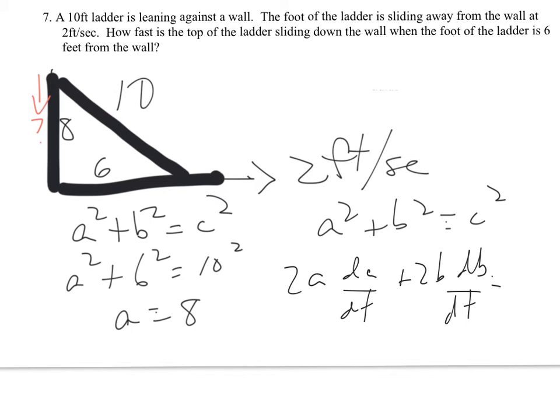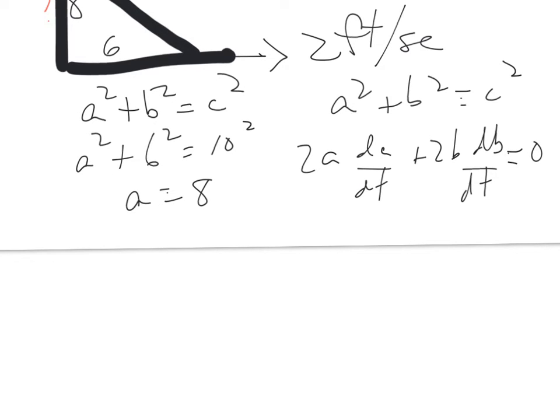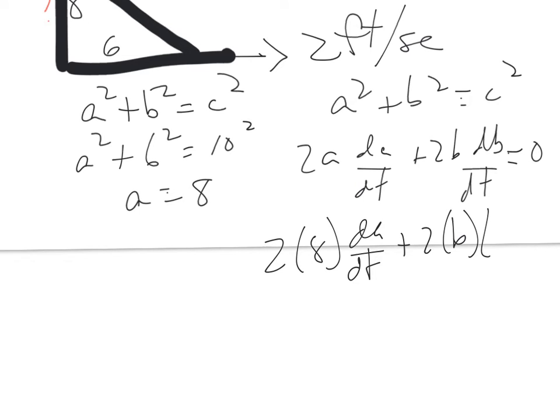And since the c term, the ladder, is constant, that has no change, and therefore that value will be 0. Plugging in the values we know, a is 8. The dA/dt is what we're looking to find. We know the b value is 6. And we know it's moving away from the wall at 2 feet per second. And that's equal to 0.